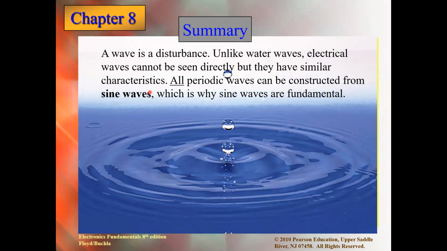At the end of the chapter, I'll show you how, using sine waves, we can construct other types of waves like square or rectangular waves. That is why we call the sine wave the fundamental wave.